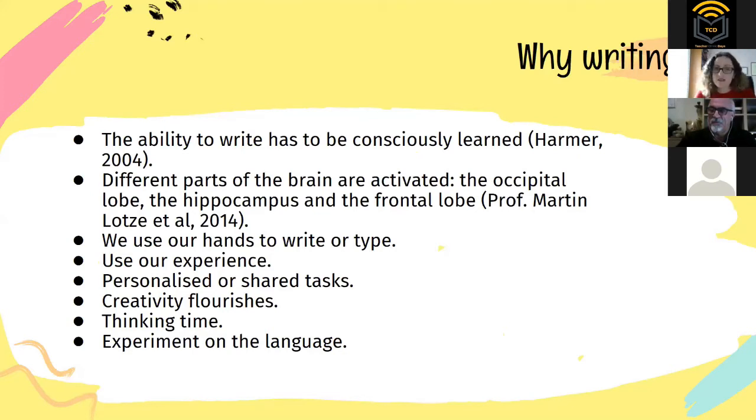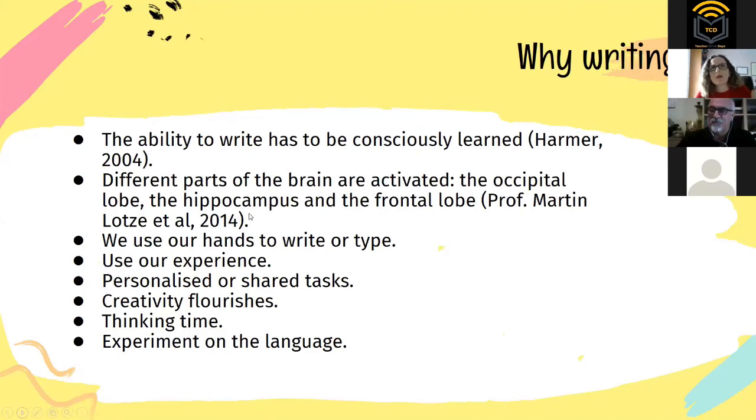Of course, creativity flourishes, and unlike other skills, writing allows us time to think before we write something. And the most intriguing part for me about writing is that you can experiment with the language. That means that you can practically use language in any possible way.